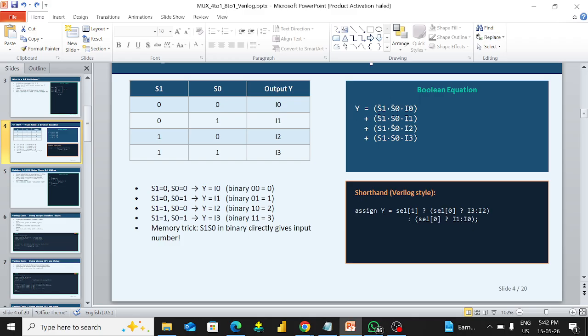Let's try another example: 0 1. What is the NOT operation of S1 here? 1, right? And now S0 is 1, right? For the second step, S0 is 1. While AND operating, one value is 1 and another value is 0. Does the AND operator give any value if the two values are different, like 0 1?